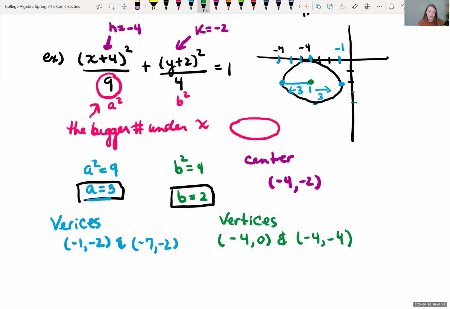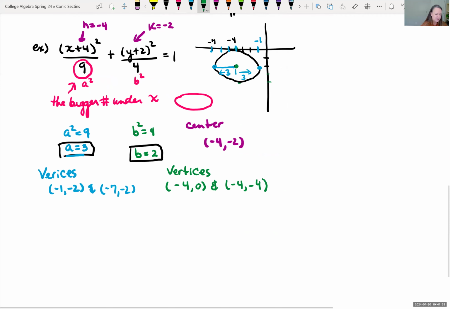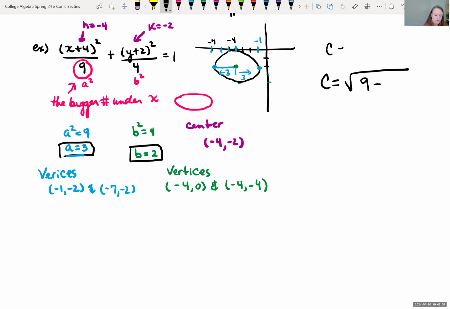If we did want to find those though, because maybe your homework asks you to do that, recall c is equal to the square root of the larger number, in this case a squared, so 9, minus b squared, which was 4. So c here is equal to the square root of 5.